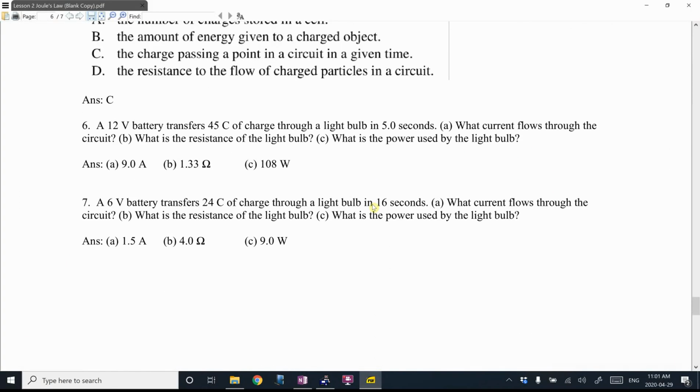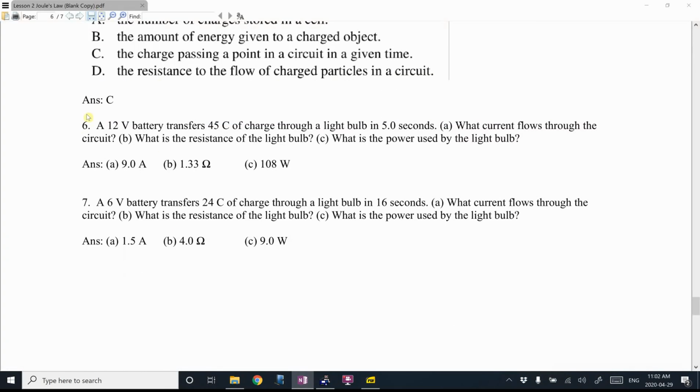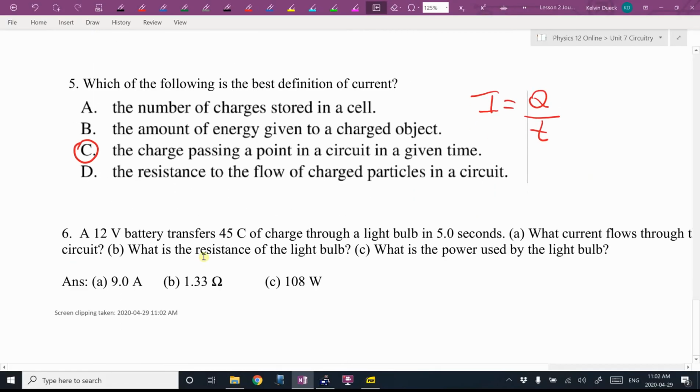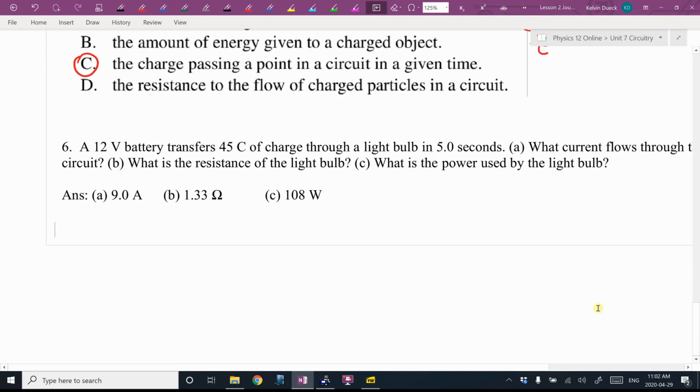Number 6. Again, our theme is if I know 2 things, I know 4 things. Oh, this one gave me coulombs, and it gave me seconds.